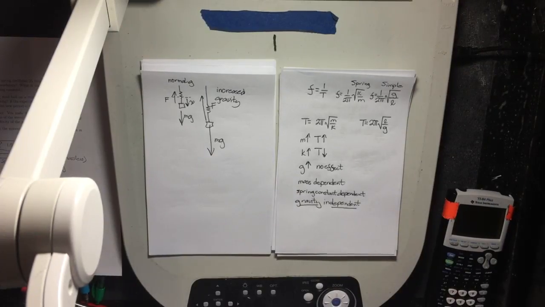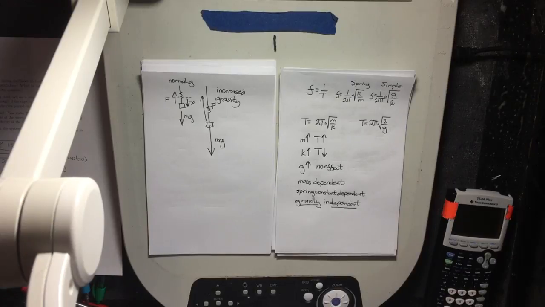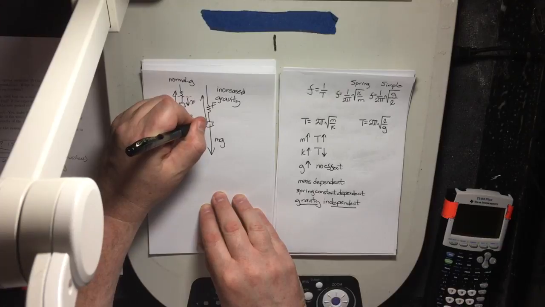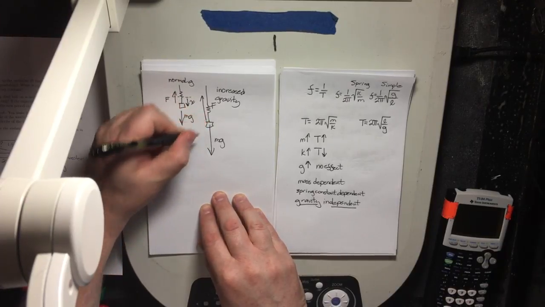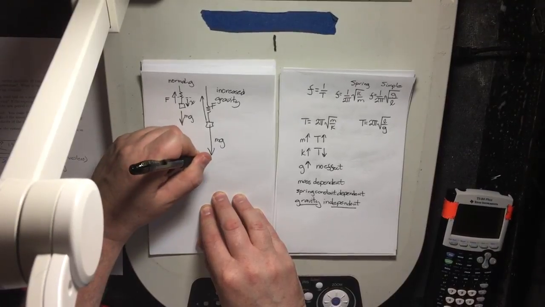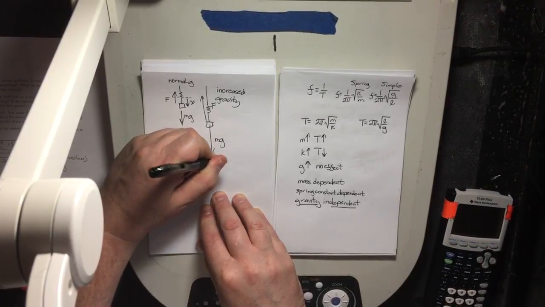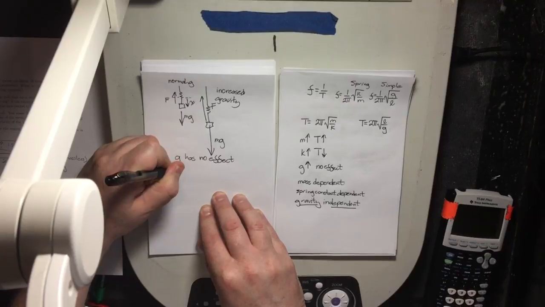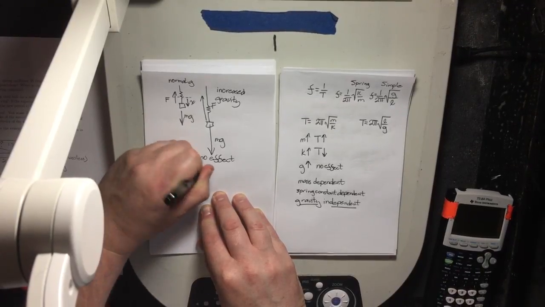So it does affect how far it stretches, but in terms of the oscillation itself, once again, this is where the derivations come into play, and we can't talk about that. It doesn't have any effect. Gravity has no effect on the period.